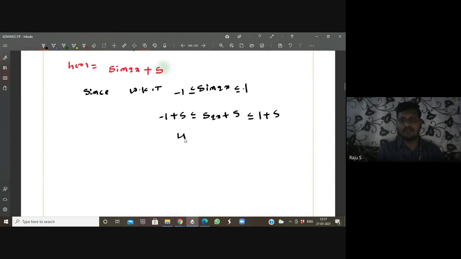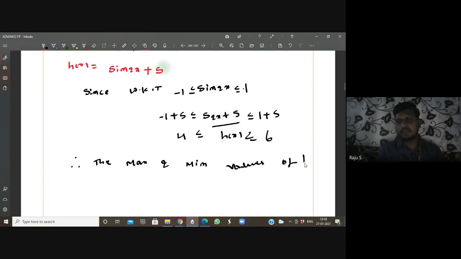So this is nothing but 4 less than or equal to h of x less than or equal to 6. Therefore, you have to write the maximum and minimum values of h of x are 6 and 4 respectively.